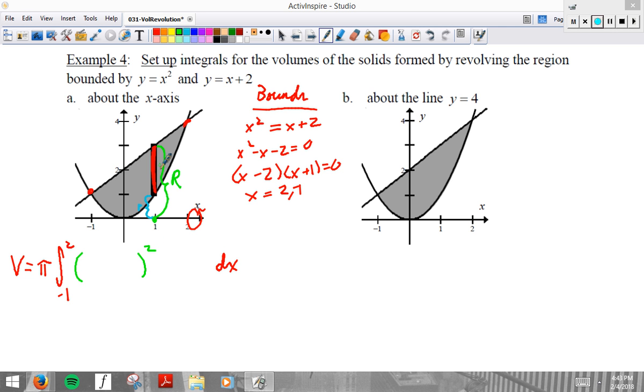The top side of my big radius squared, the farthest reach of my big radius squared, it's a vertical line, top minus bottom. Top, what's this one? That's y equals x plus 2 minus the bottom, which is just the line y equals 0.